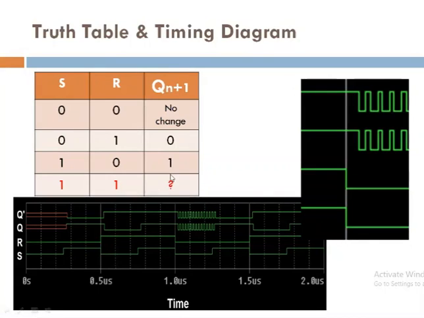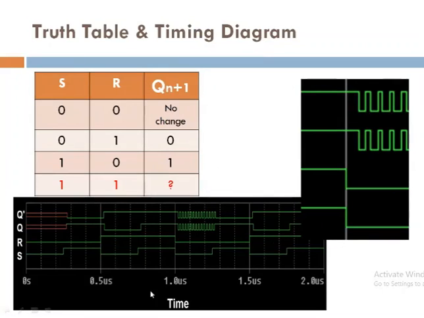Here you can observe that for the second and third combinations, the output value depends on the S bit. If S is equal to 0, then Q n plus 1 is equal to 0. If in this case 1 0, S is equal to 1, Q n plus 1 is 1. So here it is called the reset state, here it is considered a set state, and here it is considered a race around condition.